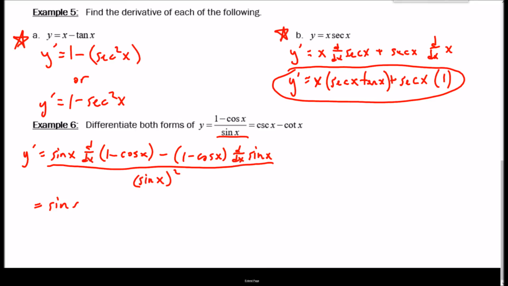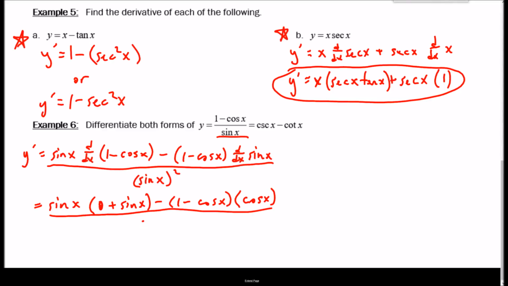So sine of x times 0 plus the sine of x. It's not necessary to put that 0, but I'm just trying to emphasize all the parts of the derivative rule. Now we have minus high d low, so (1 minus cosine x) times the derivative of sine of x, which is cosine x, over low. I'm going to rewrite the sine of x quantity squared as sine squared x.